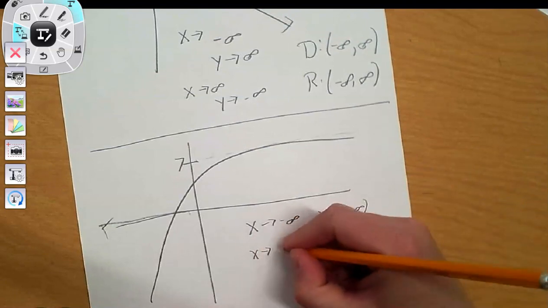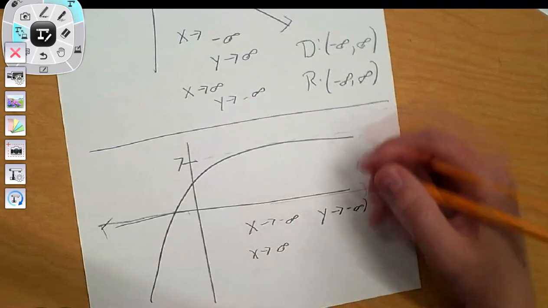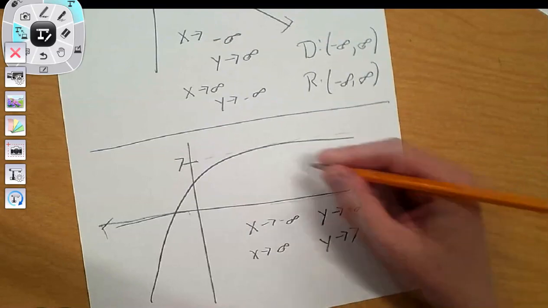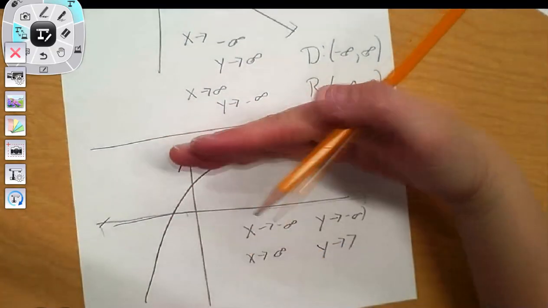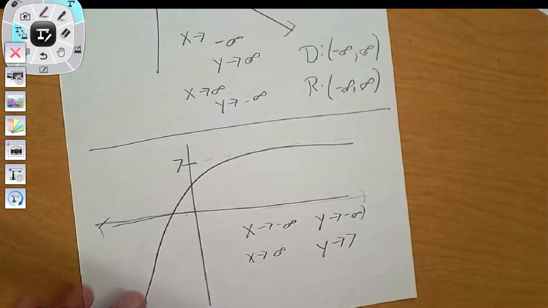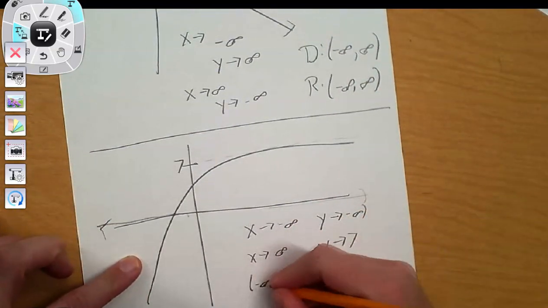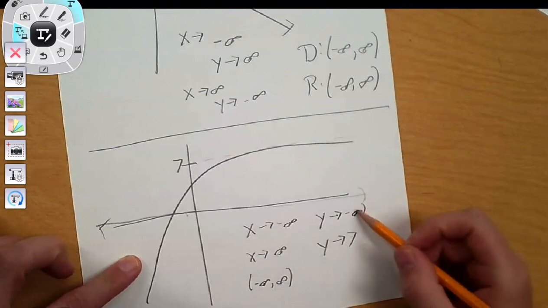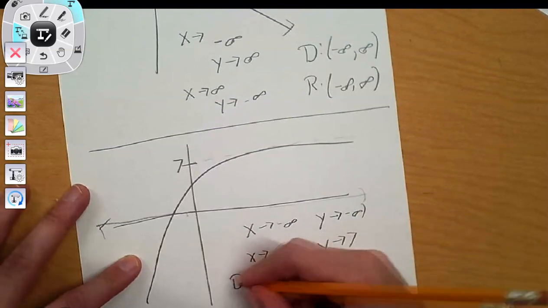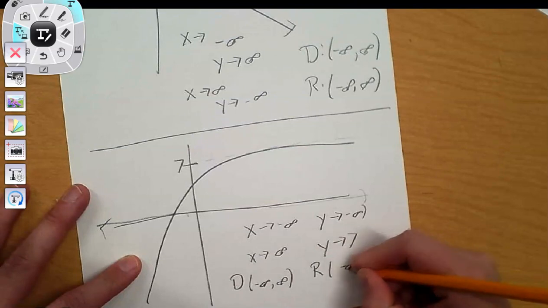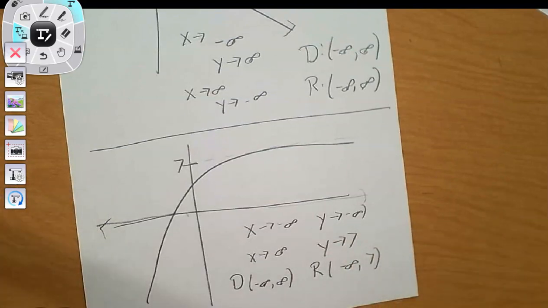As x goes to positive infinity, as we go this way, we're stopping at 7. We're not going above 7. That line is capped at 7. So my domain is my x values, negative infinity to infinity. My range is negative infinity to 7. Okay, so that is end behaviors. Good luck.